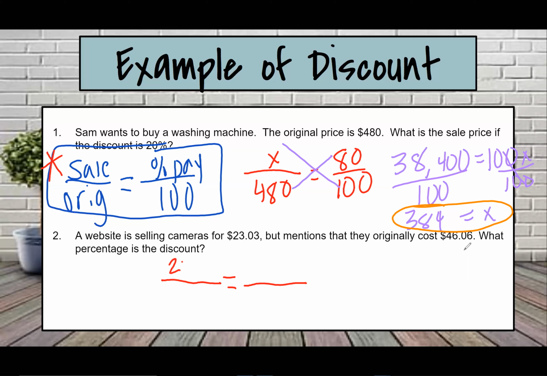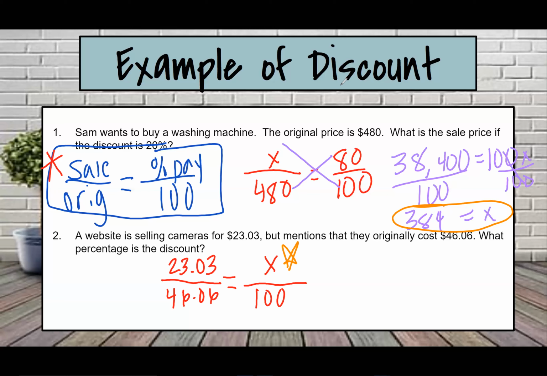So we're going to write that $23.03, $46.06. Now, percent you are paying. That's what we don't know. And that's what we're going to look at. What percent is the discount? So we're going to write X over 100. Now, one of the things I need to note here, and I'm going to put a star here, that is the percent we are paying.